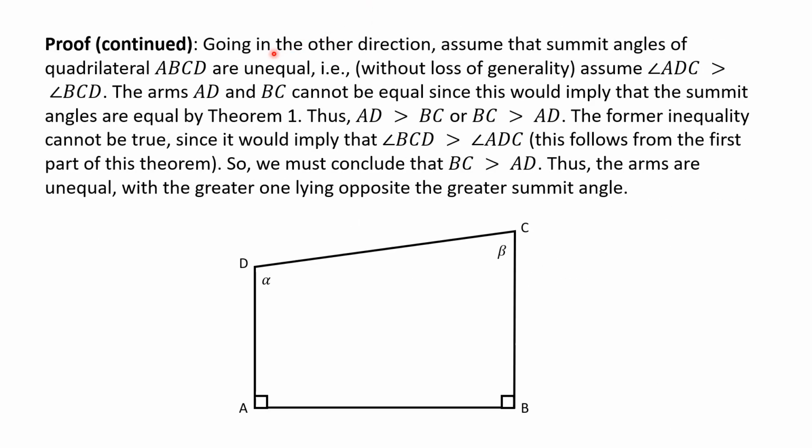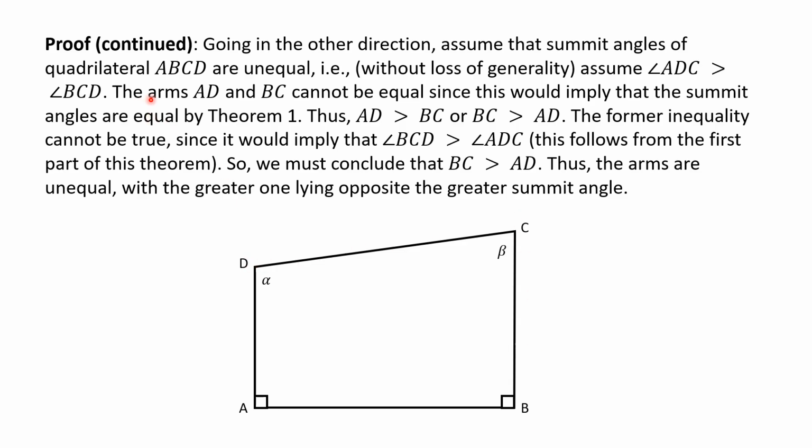Okay, now we want to go in the other direction. We'll assume the summit angles of the quadrilateral ABCD are unequal without loss of generality. As shown in the figure, let's assume that ADC, which I've labeled as angle alpha, is greater than BCD.